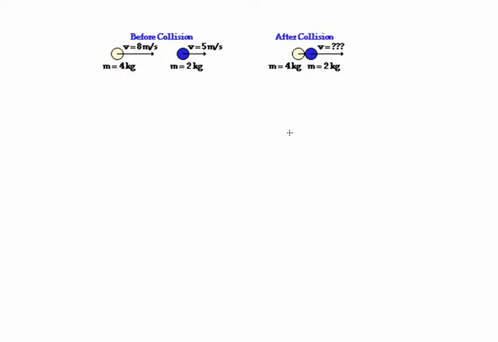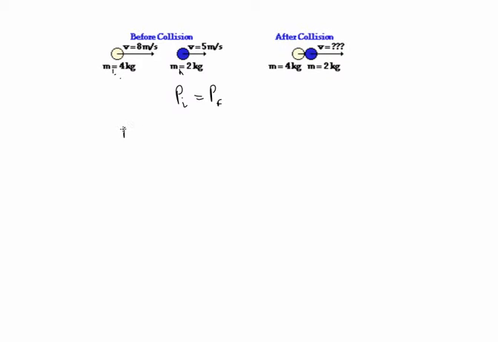Now in this example, we have the two objects. Again, I'm going to refer to this one as M1 and this guy over here is M2. But how is this collision different than the one before? It's different because this is an inelastic collision, which means they stick together. Now momentum is still going to be conserved, meaning that my initial momentum is going to equal my final momentum.